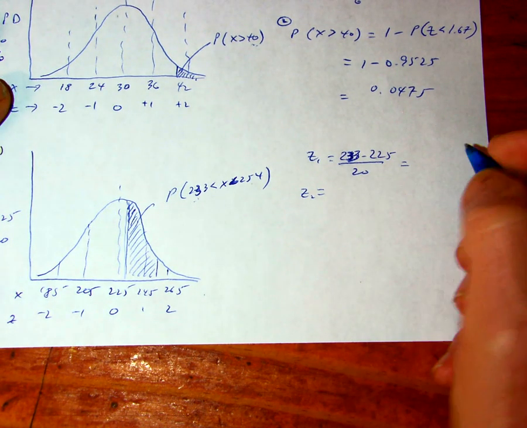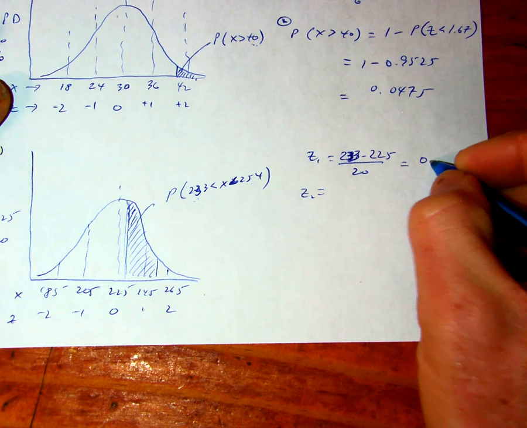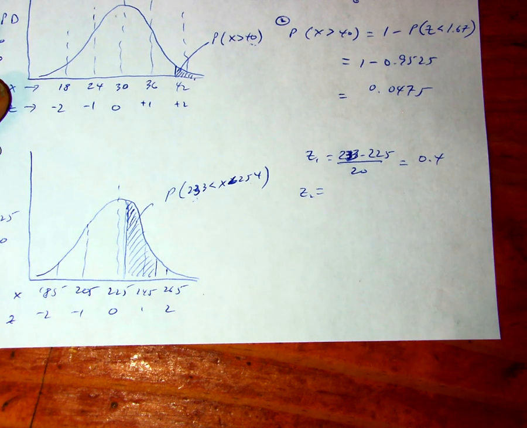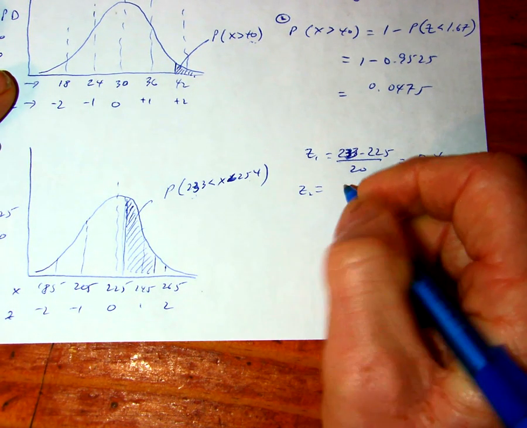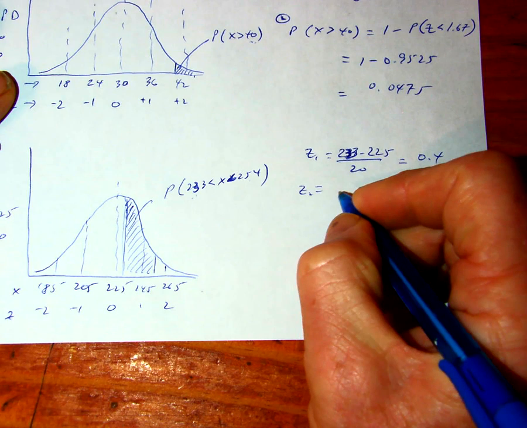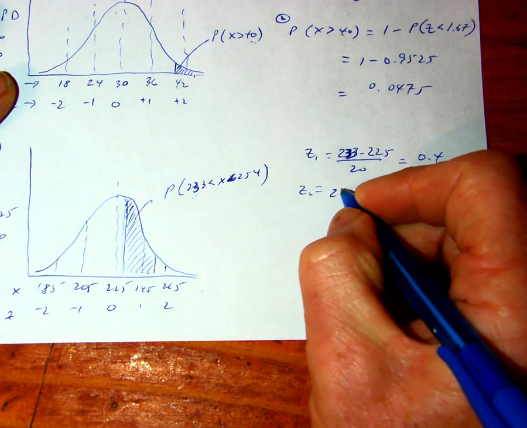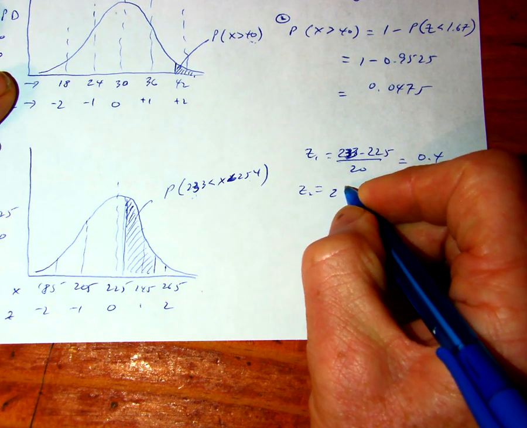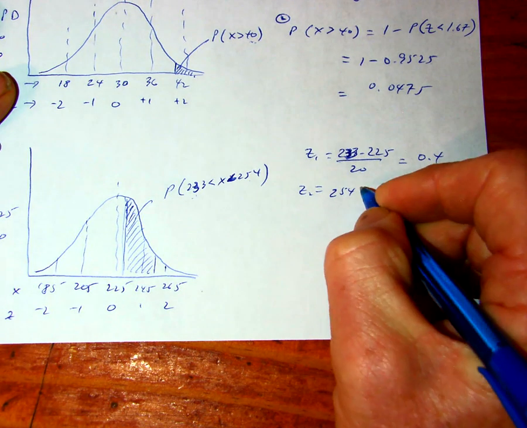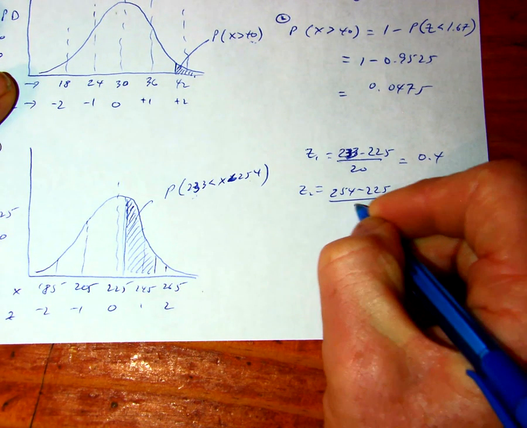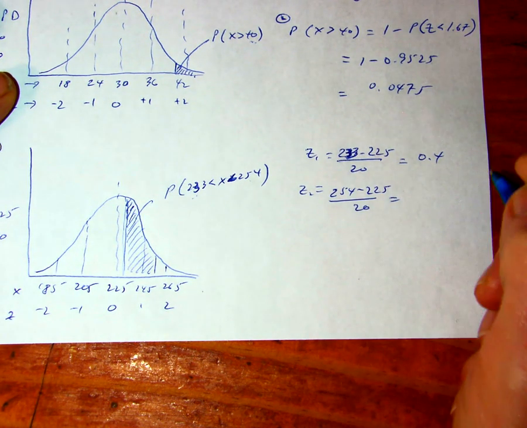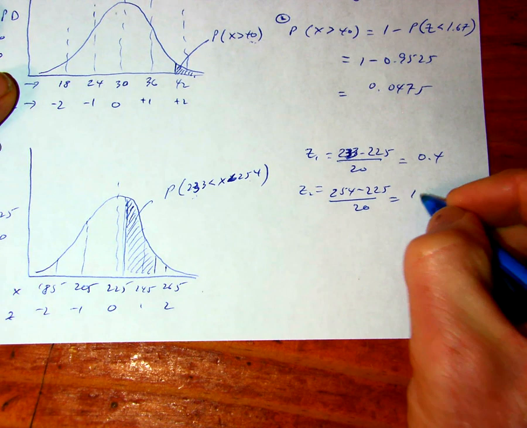And that's going to be, I think, 0.4 exactly. Next one's going to be 254, the x value. Subtract 225 over 20. And that is going to be, I got 1.05. Does that make sense? Yeah.